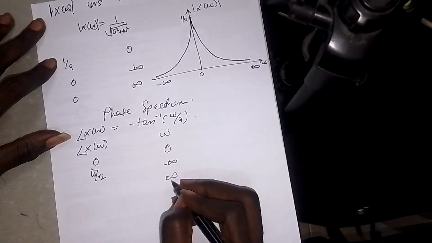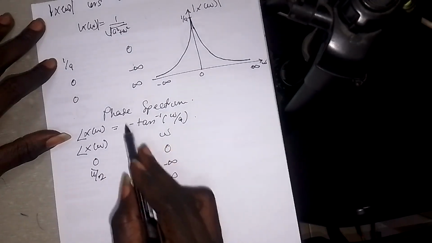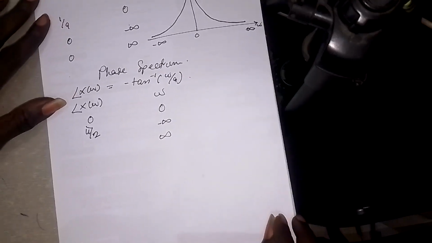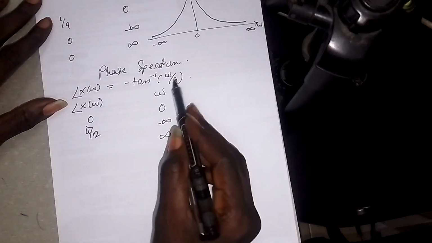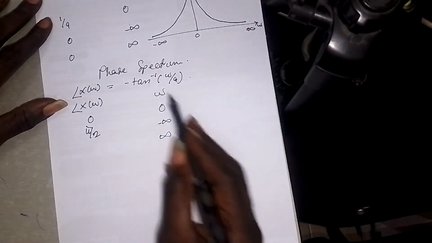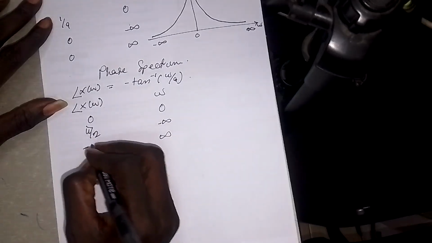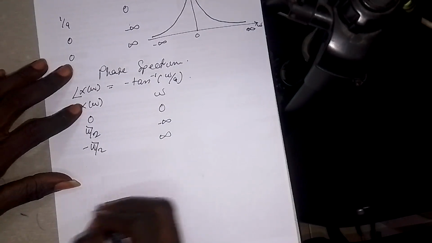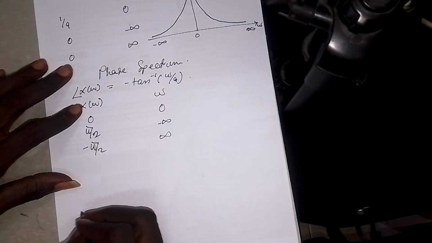If omega is infinity, tan inverse of infinity is pi on 2, but the negative here will make it negative pi on 2. With this, we can plot our phase spectrum.